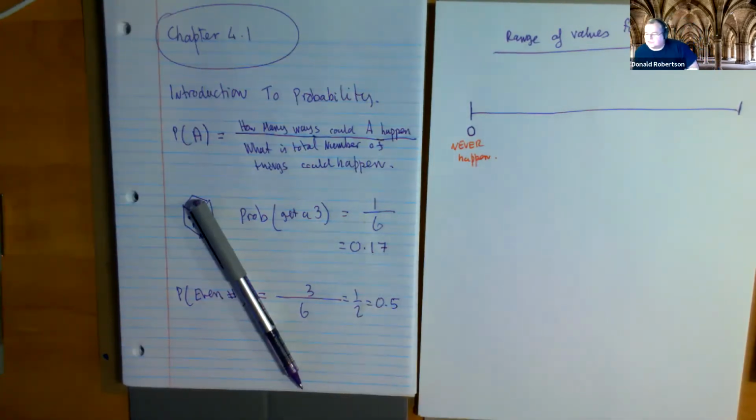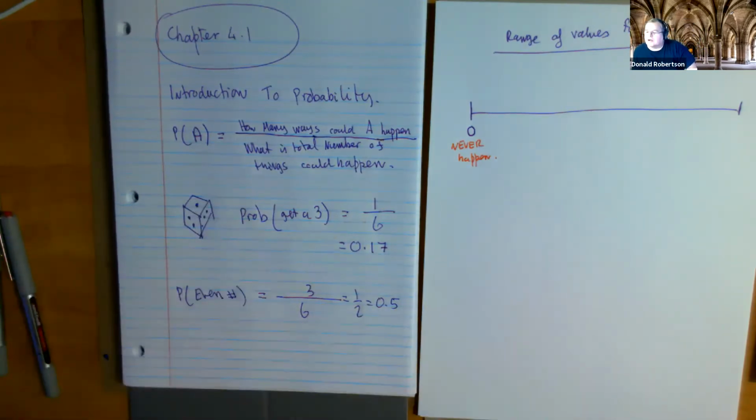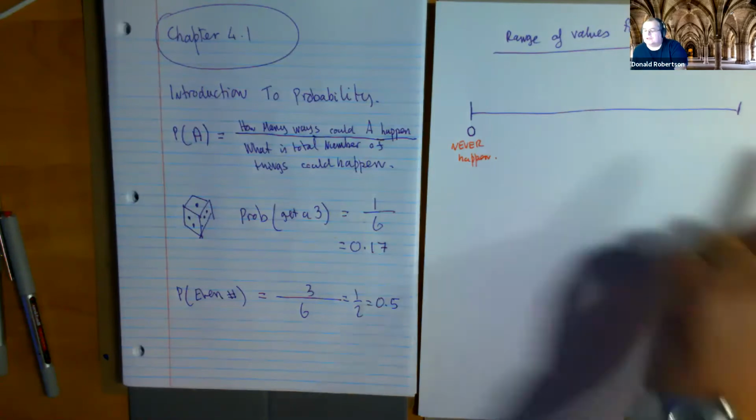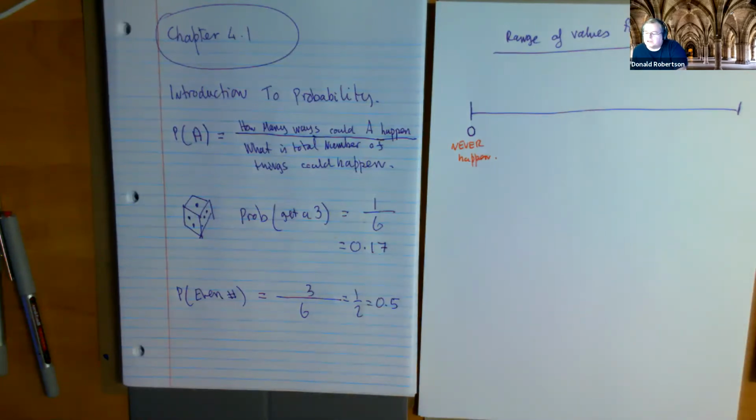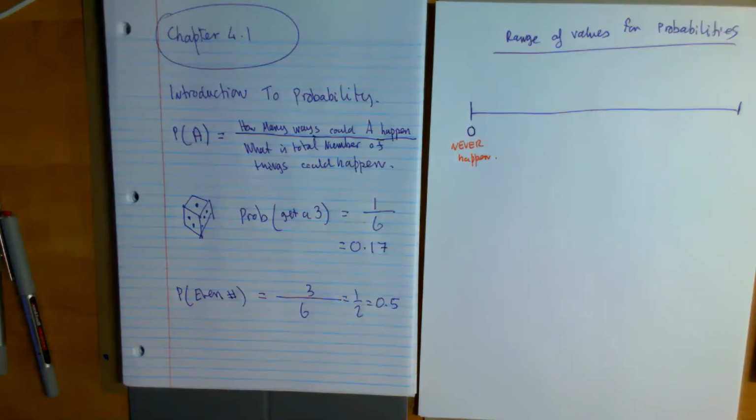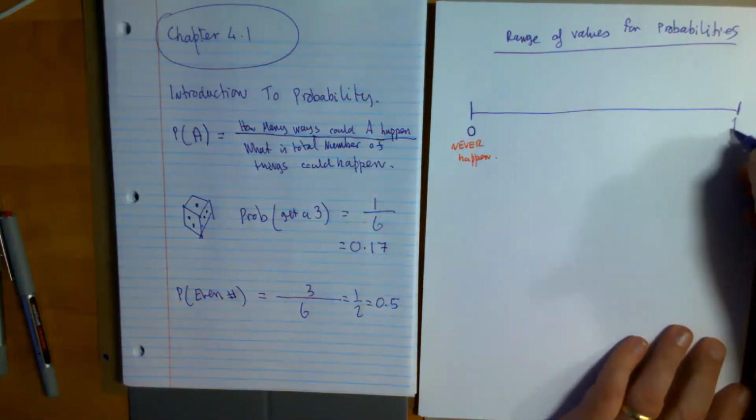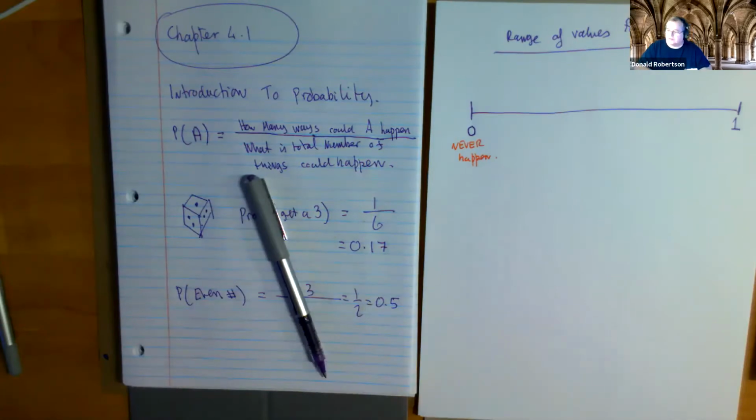Does that make sense? That a 0 probability means something is not going to happen. What's the biggest value a probability can be? 1. And what situation would a probability of 1 be talking about?